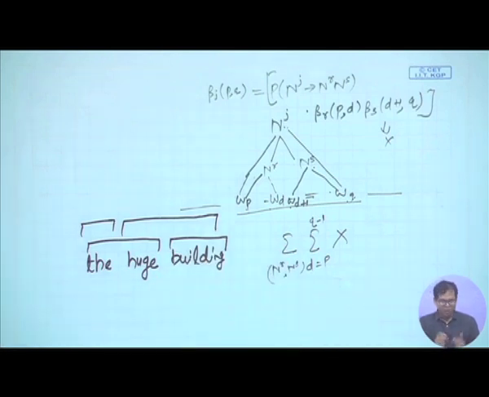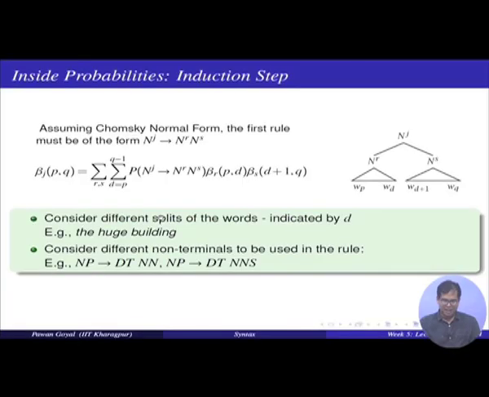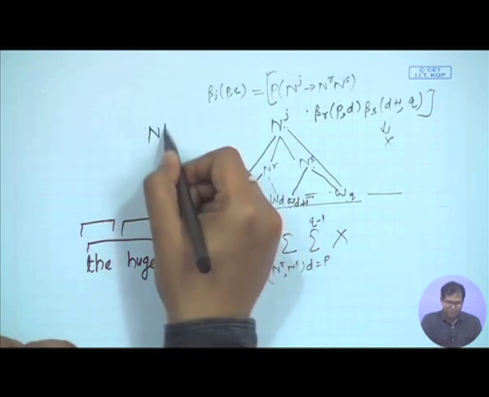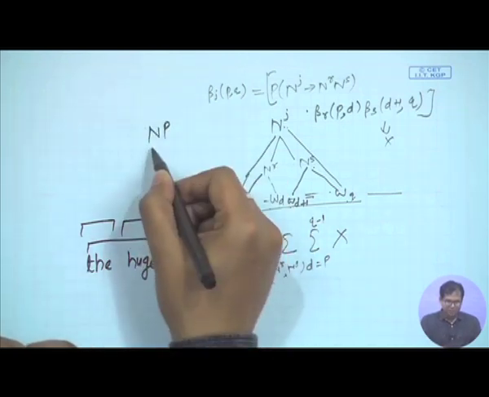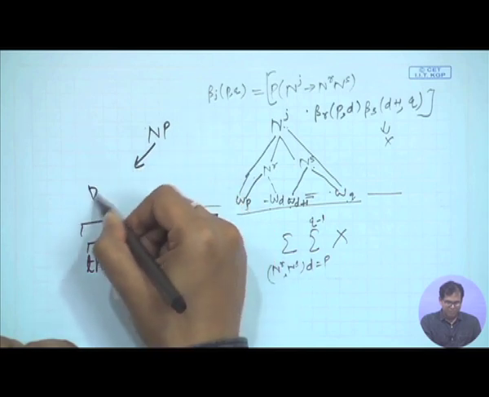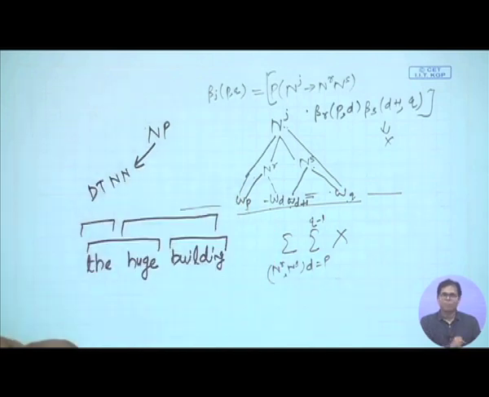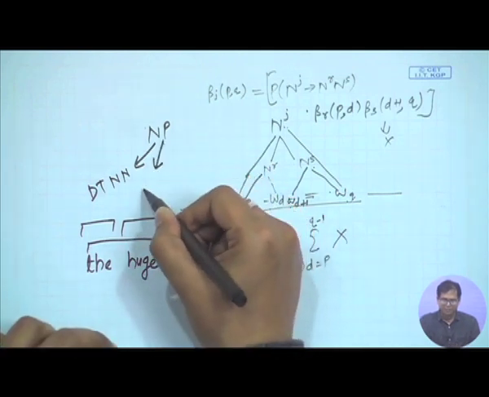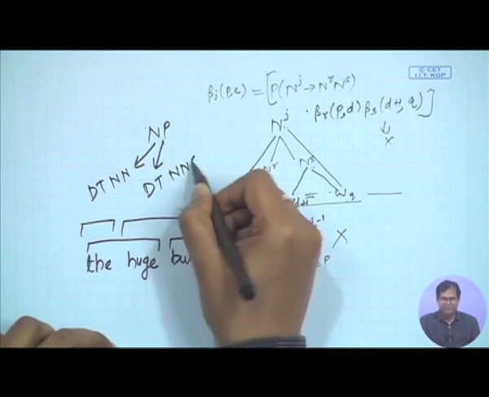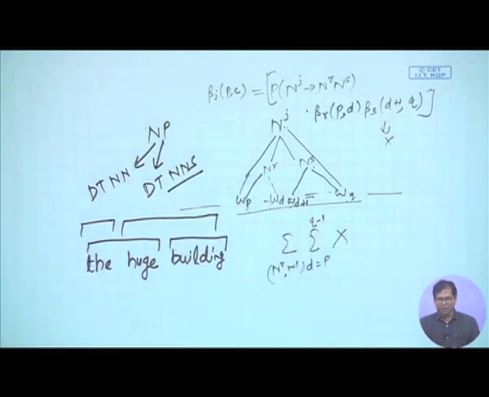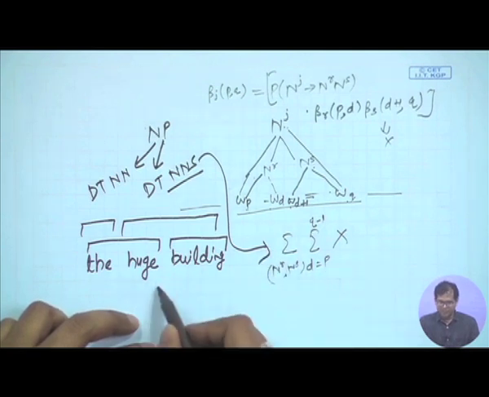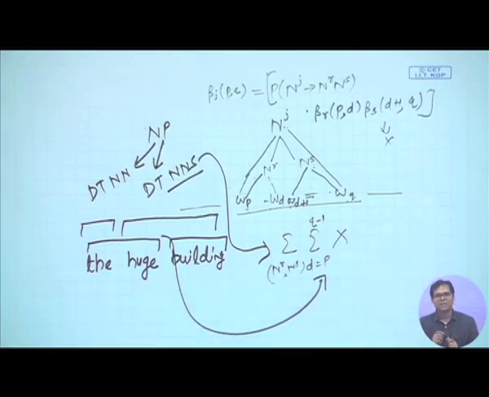And what do I mean by parameterization over all possible NR and NS? The particular non-terminal that derives this whole thing, suppose it is NP, it can come via, say, NP gives me DT NN, this is one possibility, or there can be another rule, NP gives me DT NNS, this is another possibility. So, this is the parameterization over all possible NR, NS, and this is over all possible d.